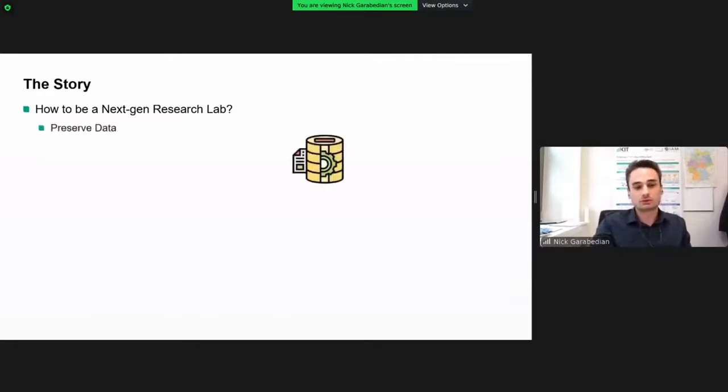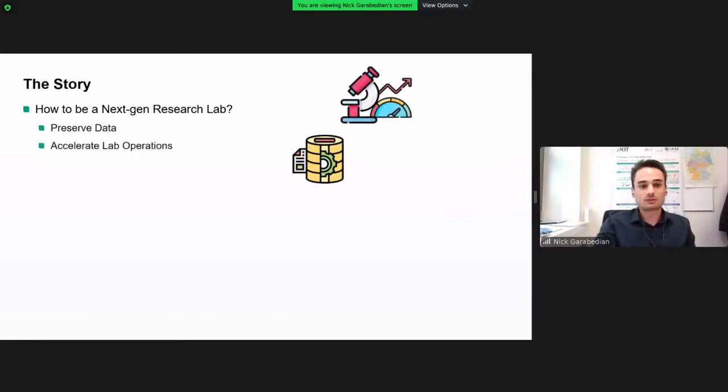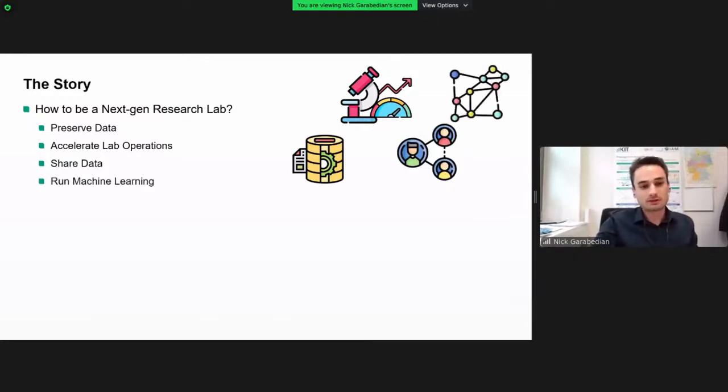And one of them was we wanted to preserve our data better. We wanted to accelerate the lab operations just in general from a managerial standpoint. We wanted to be able to share our data more efficiently within the lab and outside of the lab. And finally, we wanted to enable our data for machine learning.